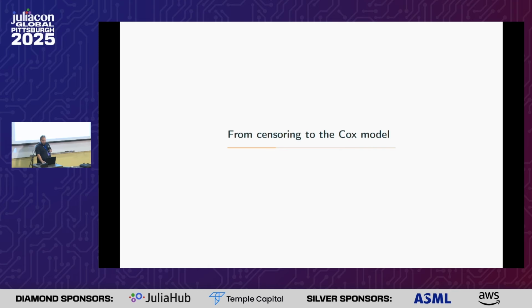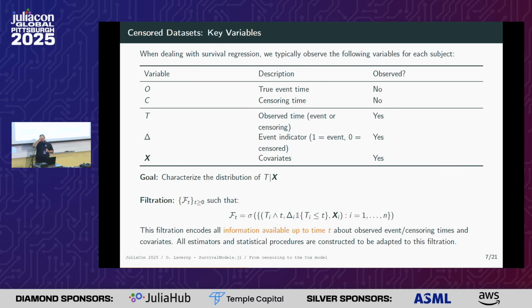Okay, so let's go to the core. A survival issue is an issue where we observe some characteristics from several independent patients. Let's say patients because we imagine that we are in the medicine field, but in other fields you might work with lightbulbs, for example, that might die at some time. And so we observe T and delta, which are the time to event, the survival time, and delta is the status indicator.